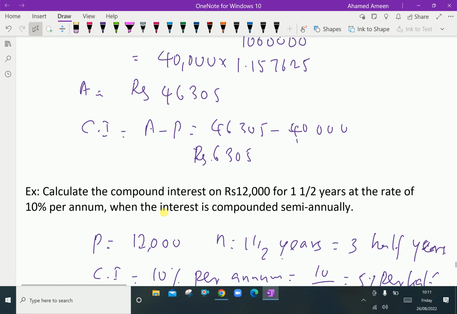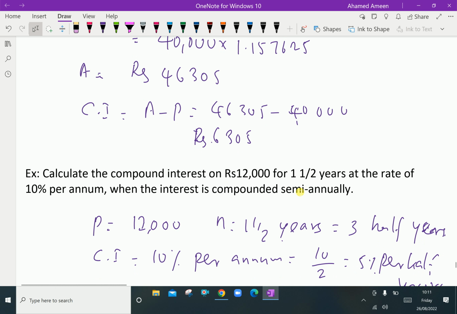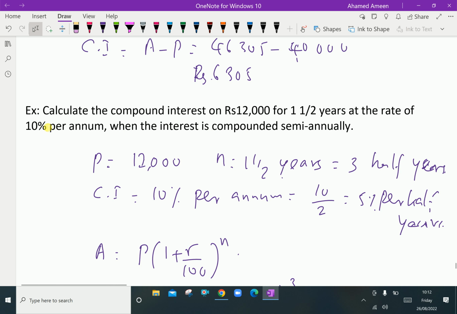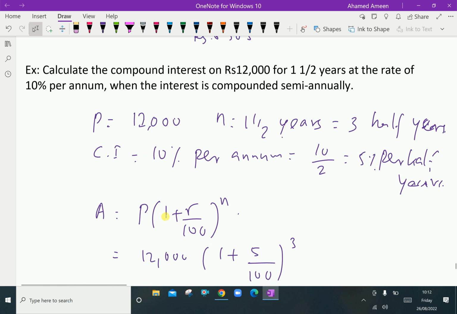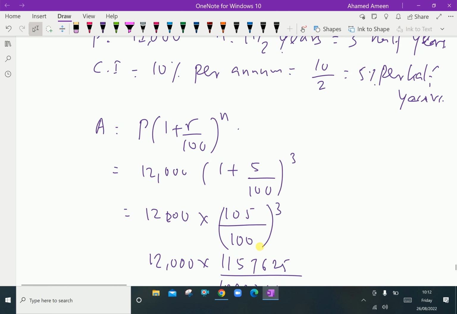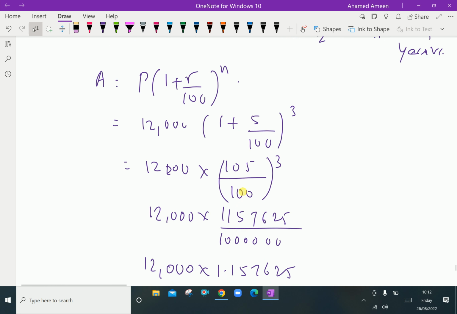In the second problem, interest is calculated every half year. Semi-annually means 1.5 years have 3 half years, and for 10% per annum the rate is 5% per half year. We used n as 3 and the rate of interest as 5.